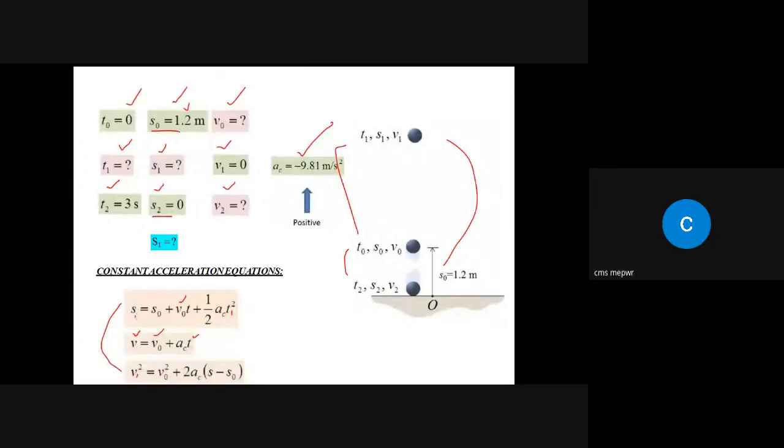Okay, when I use it between 2 and 0, this equation will become S2 is equal to S naught plus V naught T2 plus half into acceleration, which is constant, minus 9.81, into T2 squared. Here we already have the S2 value, we have the S naught value, and we don't have the V naught value, right? I have T2, I have the acceleration. So from here I will get the value of V naught.